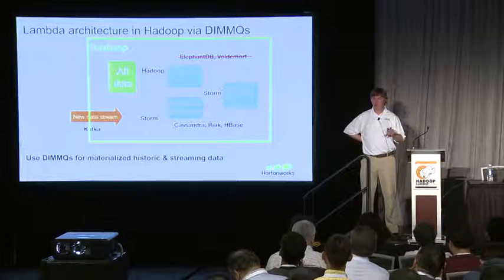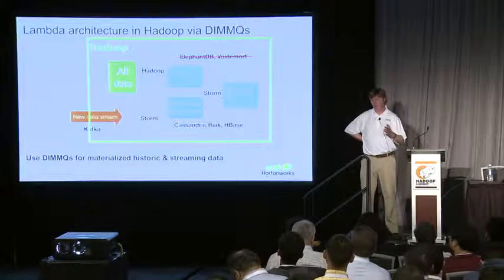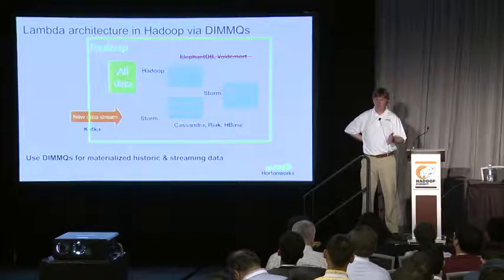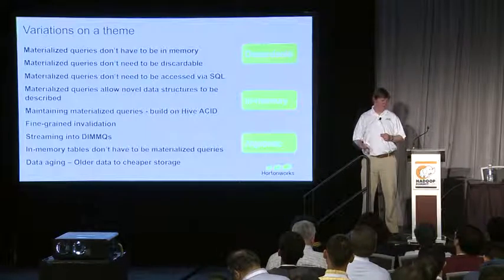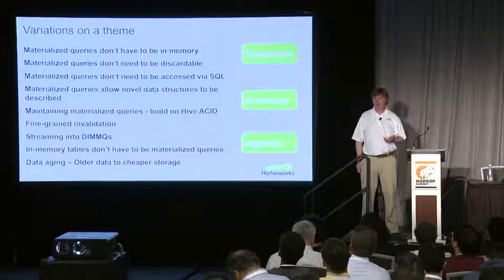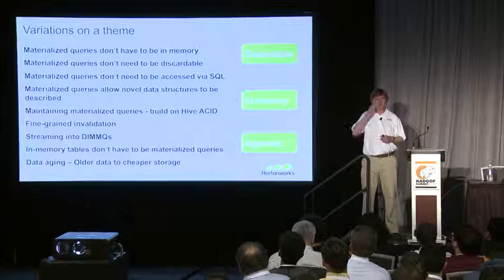In this system, it's the query optimizer which is doing the work of figuring out the appropriate materialized view to be looking at. Again, there are lots of other research topics or variations on this theme.